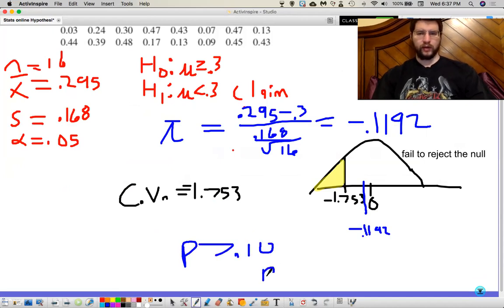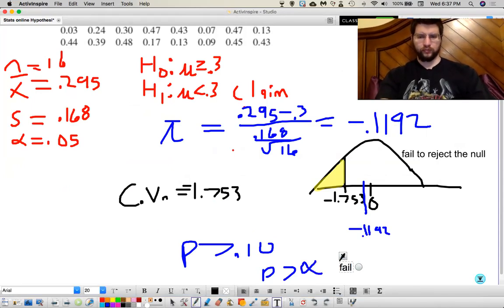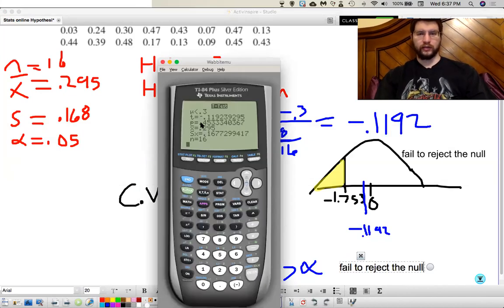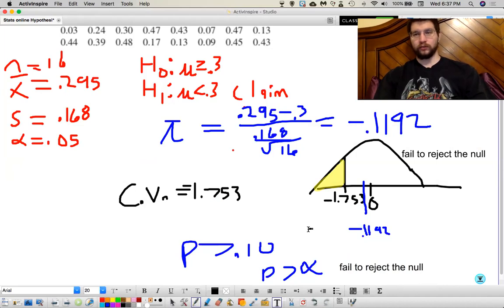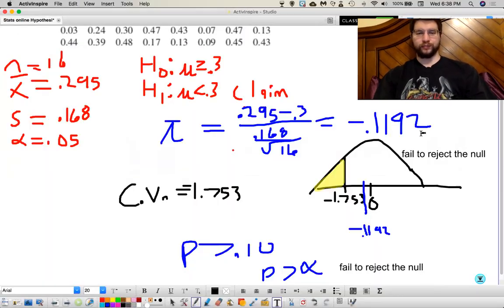So that means p is greater than alpha. So again, we're going to fail to reject the null. TI users can tell us exactly what that p-value is. 0.45, so that's a good bit bigger than 0.10. But using the chart, the best we can do is say it's bigger than 0.10.